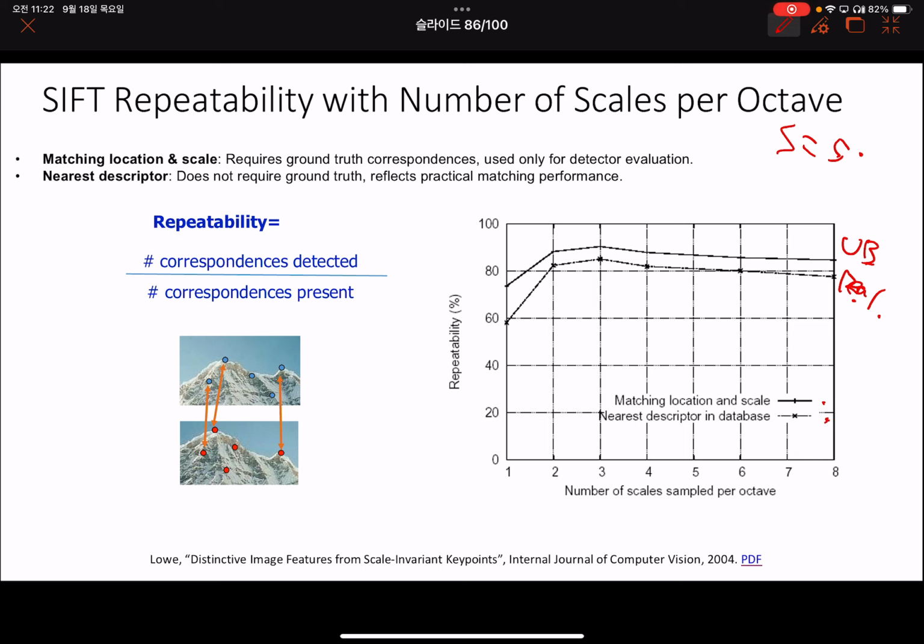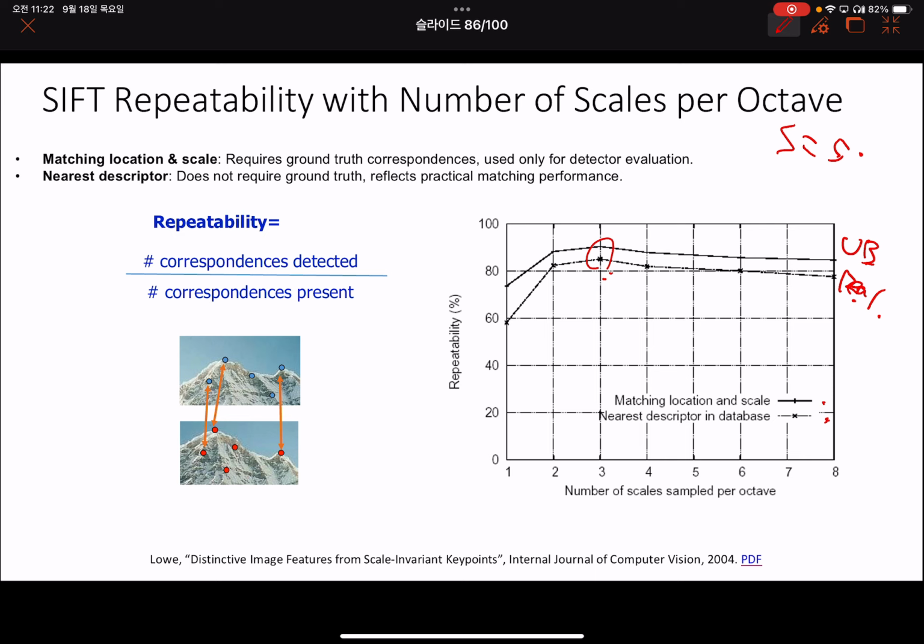From this graph, it turns out that using 3 scales might be the optimal solution, but I'm not sure of the exact reason or the exact numbers the author used. That means for each octave, only 3 images are included.